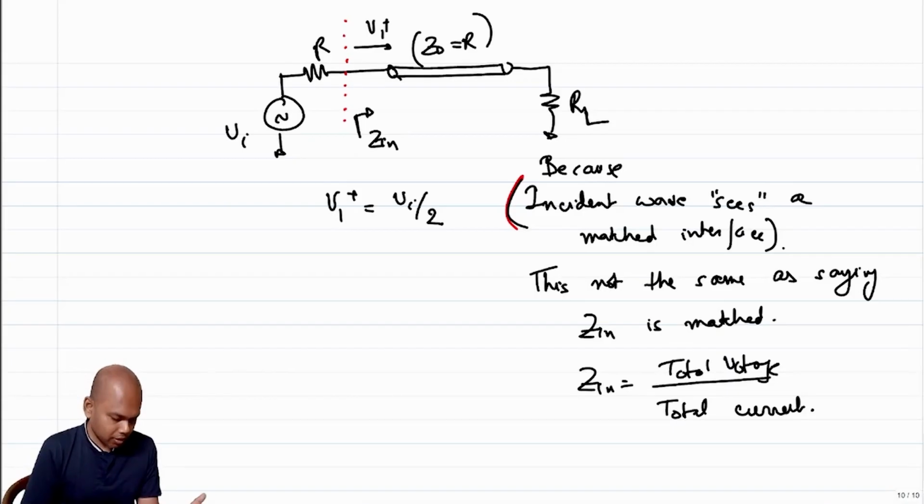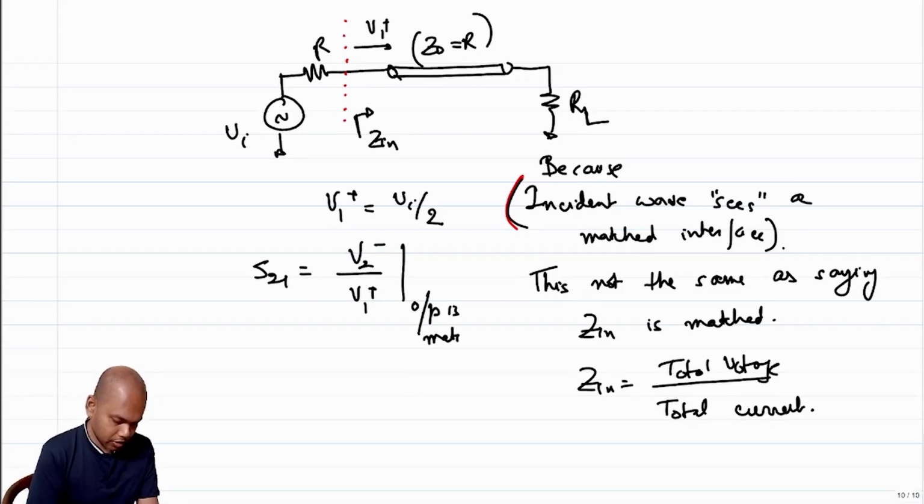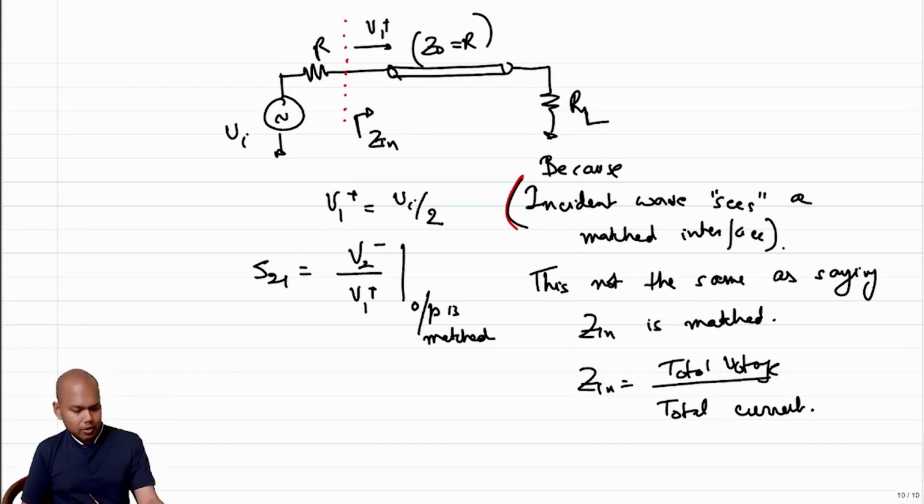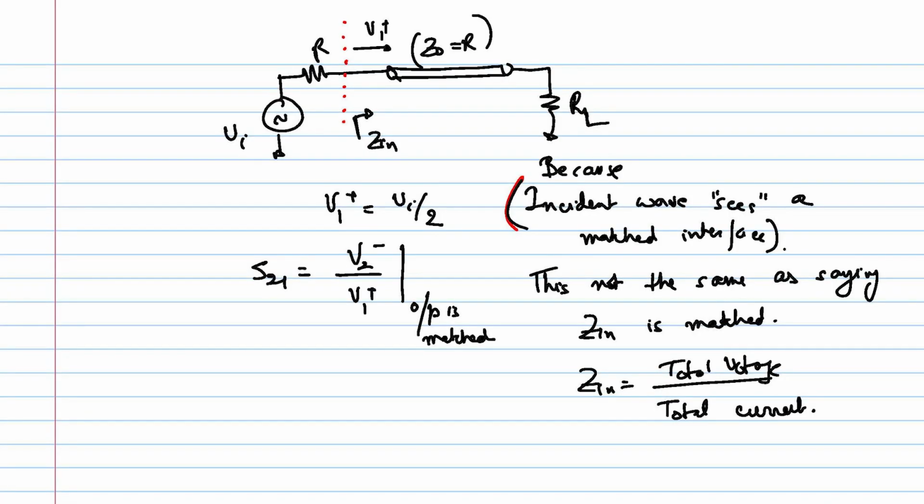Now the point number two that you should keep in mind: what is S21? S21 is nothing but V2 minus by V1 plus when the output is matched. In some cases, your input is not matched but your output is matched.